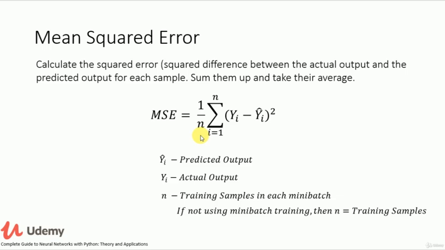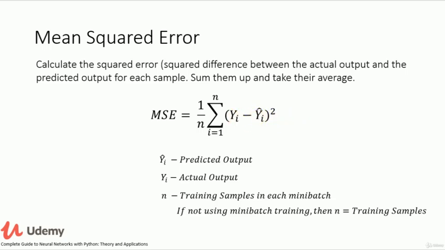I'd also like to emphasize that it doesn't matter whether you put y hat here or here, if you switch these two, because you're squaring it at the end. Whether you get a negative or a positive answer, when you square it you get the same thing.